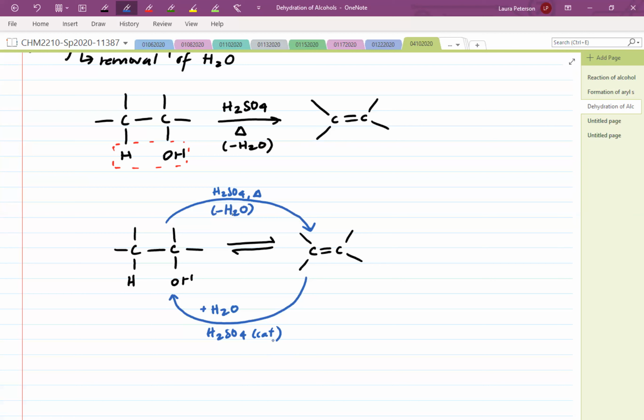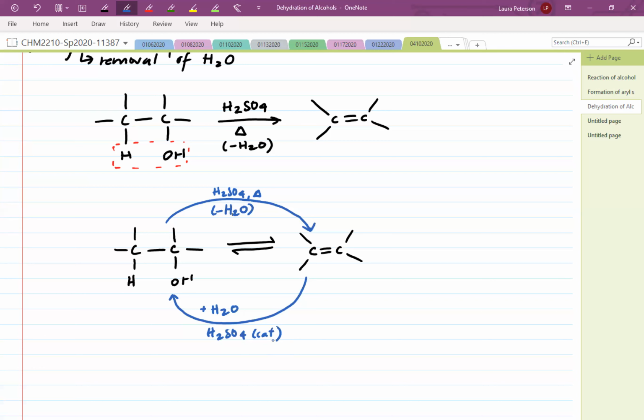But what about going from the alcohol to the alkene? How do I, quote unquote, minus H2O? Well, it turns out that there's actual laboratory glassware that we can run these reactions in that allows us to take advantage of the boiling point difference between water and organic solvents, and basically selectively remove water from our reaction mixture.